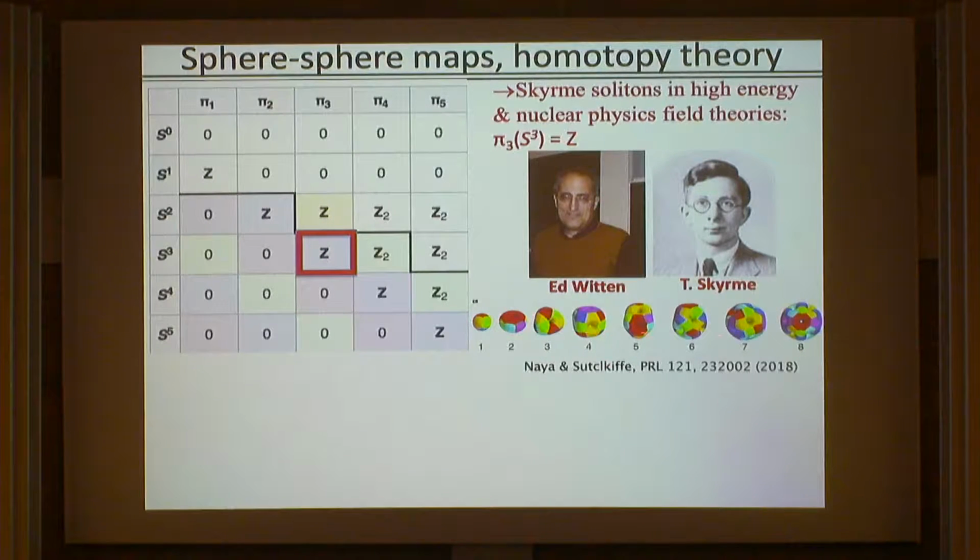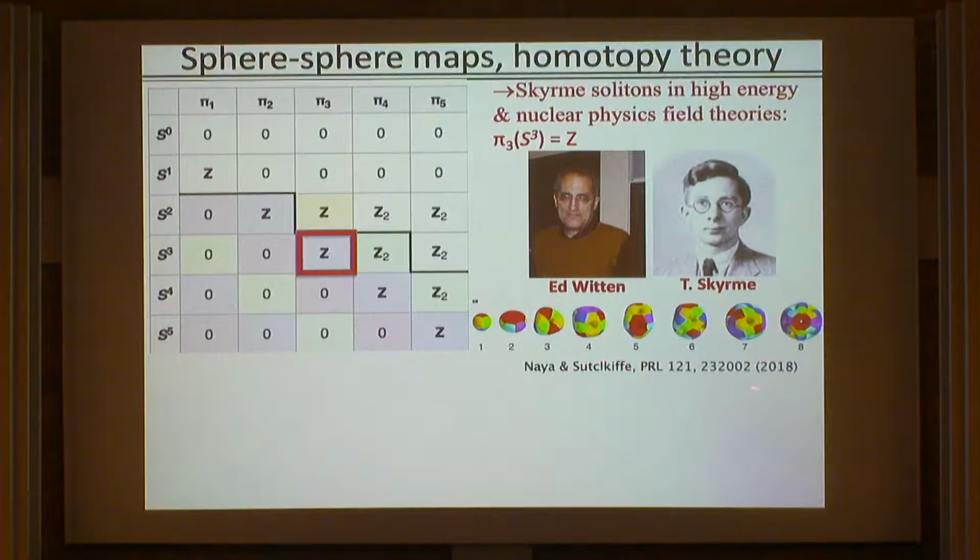So these different baryon numbers that you can see here would correspond to the different topologically distinct ways of wrapping an S3 sphere, or field configuration on an S3 sphere, on that of another S3 sphere, right? So pi3 S3.